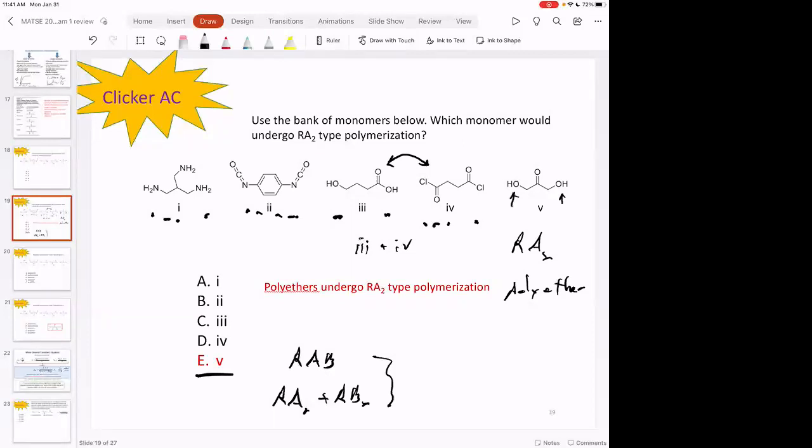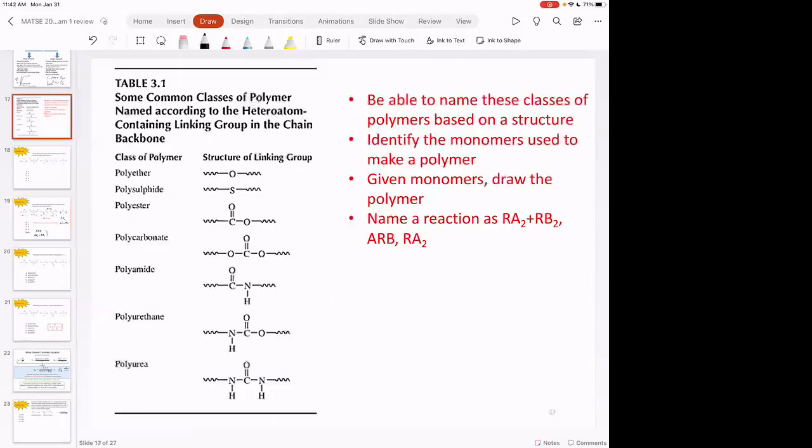Because the diacid chloride or the acid chloride doesn't react with the carboxylic acid, right? That's not a reaction that we've studied. And so the DF of monomer 3, if I'm going to react it with the acid chloride, is only 1, right? So make sure that you are savvy about not making up reactions that don't lead to these groups.